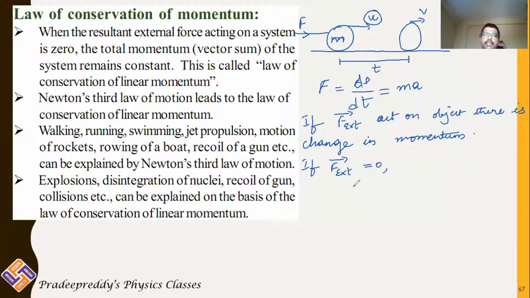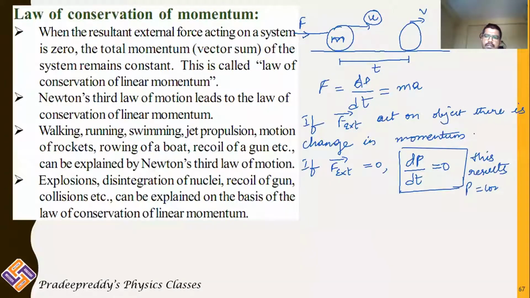Then dp divided by dt is equal to 0. That means there is no rate of change of momentum. Differentiation of any parameter is equal to 0 means that p is equal to constant.